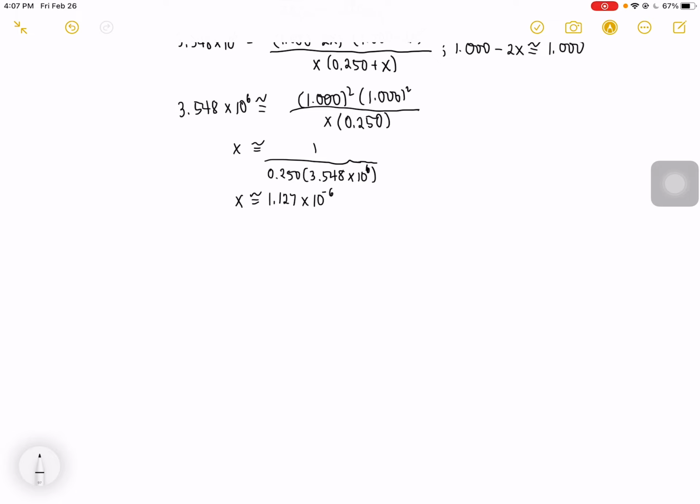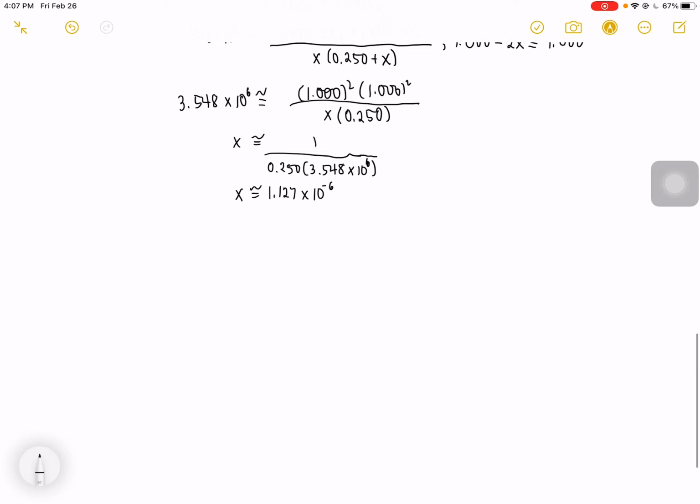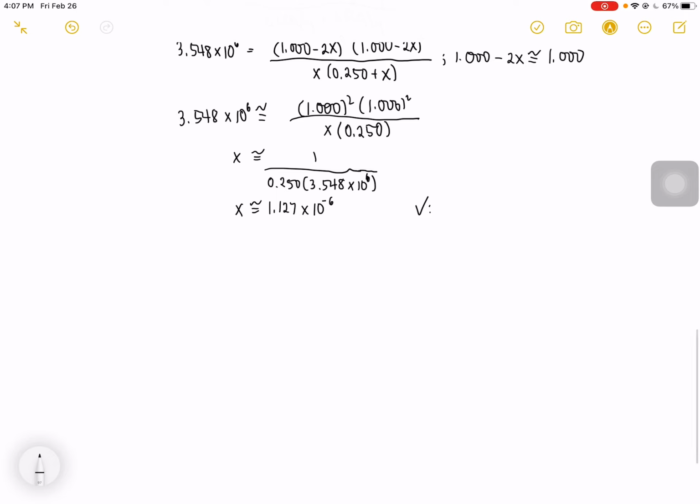Now, since we've obtained the value of x using an approximation, this value is worthless if we do not check the validity of the assumption that we made. So to check the validity, we return to our assumption for the small x approximation.